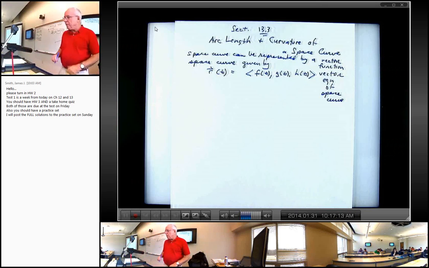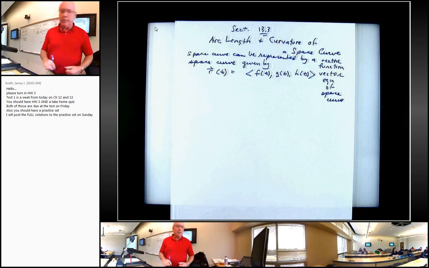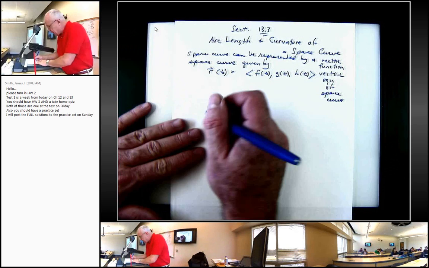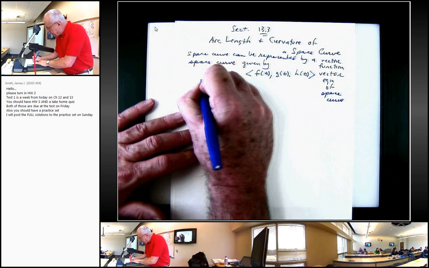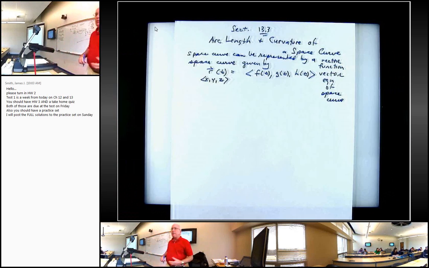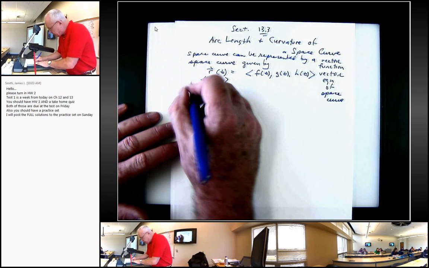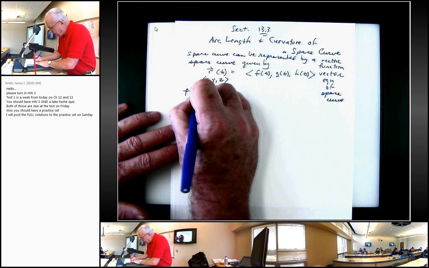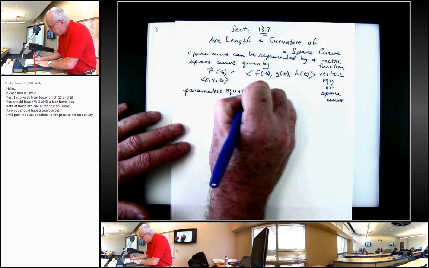So with our vector functions, we have the three components, f of t, g of t, and h of t. If we break down the r of t into the x, y, and z components, we then have parametric equations of the space curve.